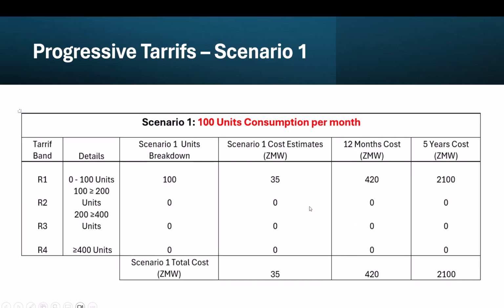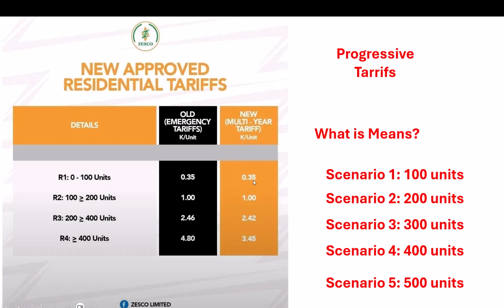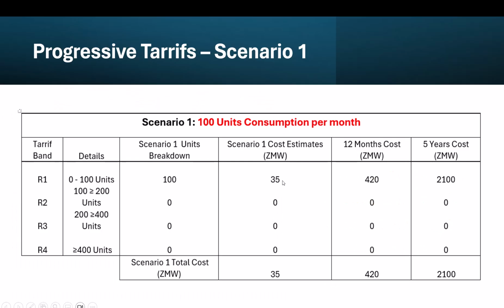We start with scenario 1, which is 100 units consumption per month. If we go to the cost for band 1, it gives us 35 Zambian kwacha per month, 420 Zambian kwacha for 12 months, and 2,100 Zambian kwacha for 5 years cost.